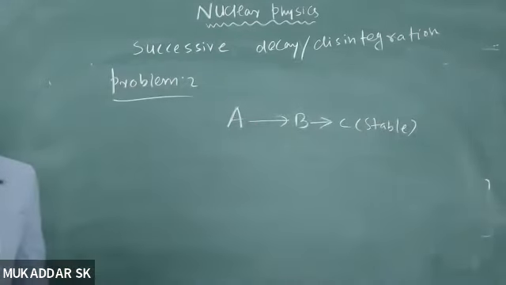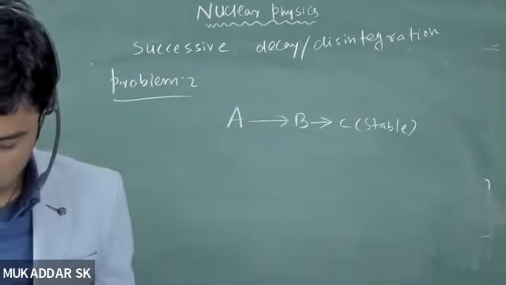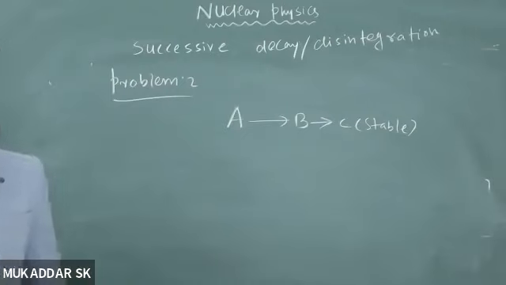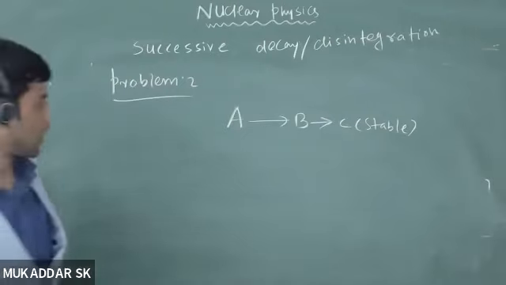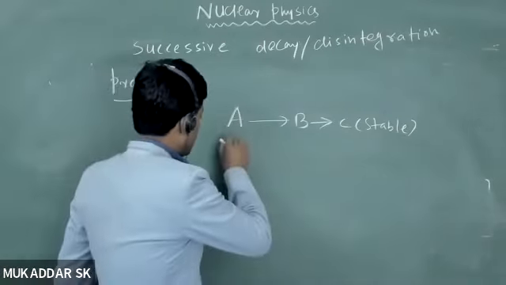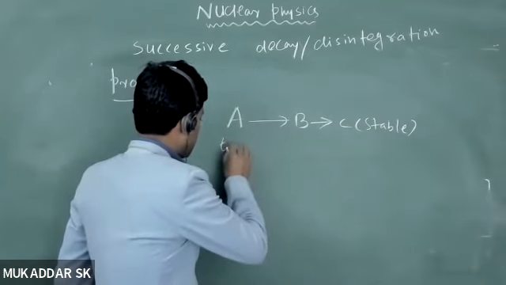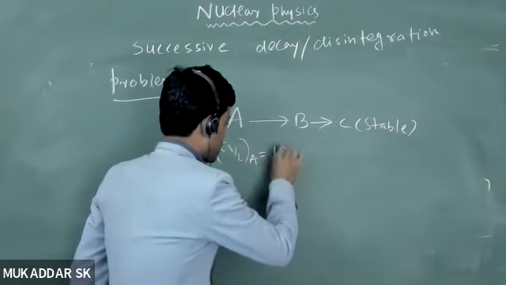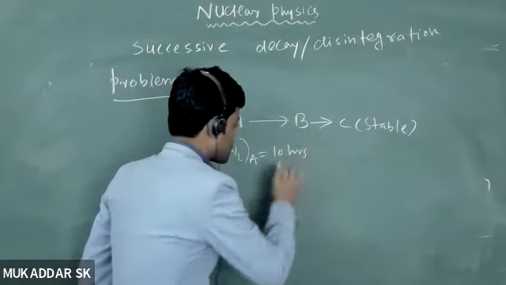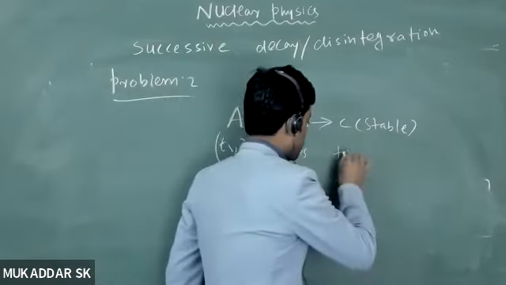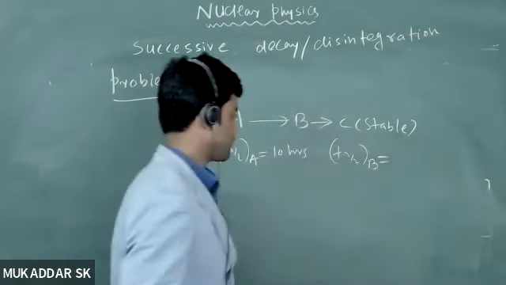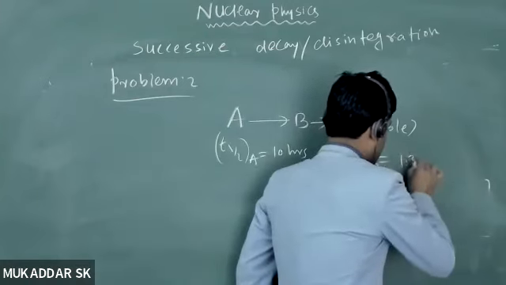Their half-lives are given: the half-life of A nuclei is given as 10 hours, and the half-life of B nuclei is given as 1.3 hours.